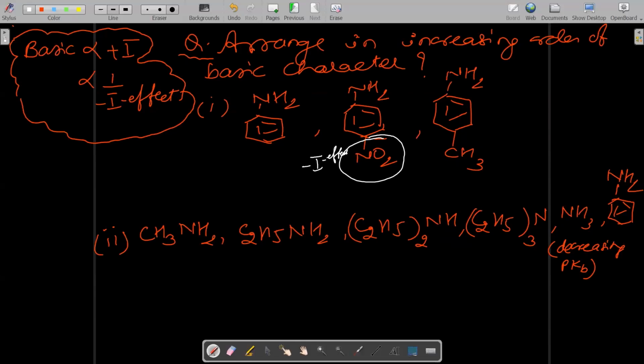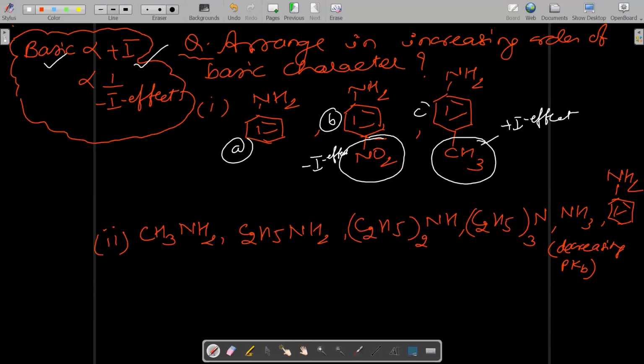Now here is the CH3 group. CH3 is a methyl group and methyl has what effect? Plus I effect. So what do you conclude? Here is the plus I effect, and as plus I effect increases, basic character increases. Suppose this is A, this is B, this is C. What will be the order? Which one will be the stronger base? Obviously, where the plus effect is.